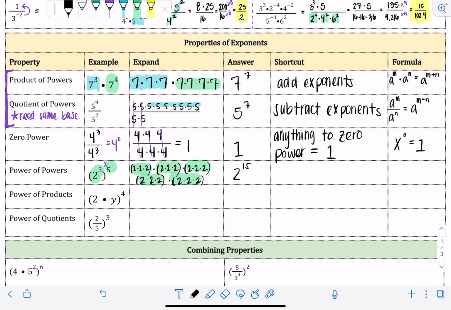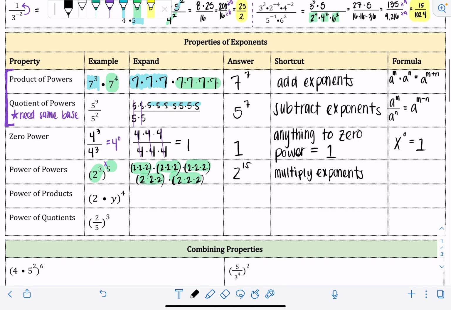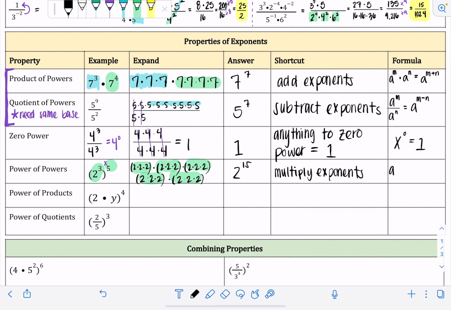So the shortcut there is to multiply the exponents. And then the formula would be a to the m raised to the nth power becomes a to the m times n. So you are multiplying those exponents.